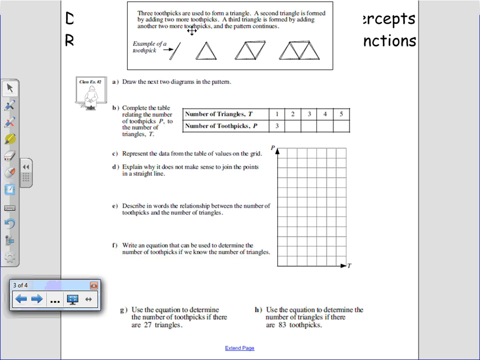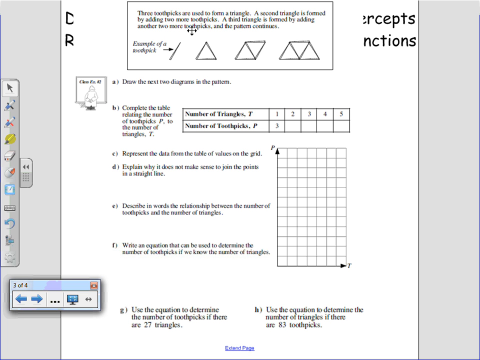Okay. So, did you all draw your diagrams? So you should have 4 triangles as your 4th picture, 5 triangles as your 5th picture. Part B. Along the top, they have the number of triangles.